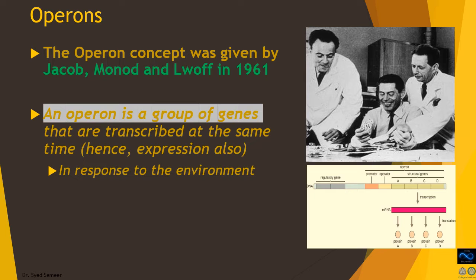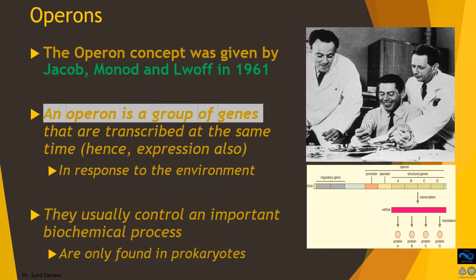And this operon is expressed in response to the environment in which the cell exists. It is usually found in prokaryotes and usually controls important biochemical processes. As you can see on the right-hand side of the picture here, this is the general concept of the operon.